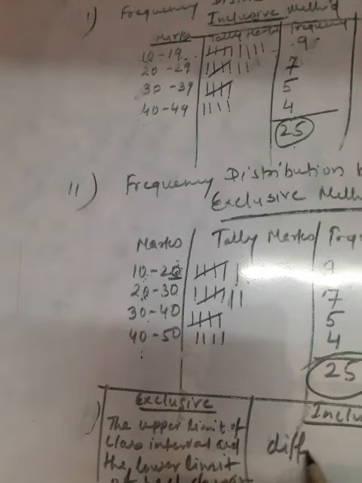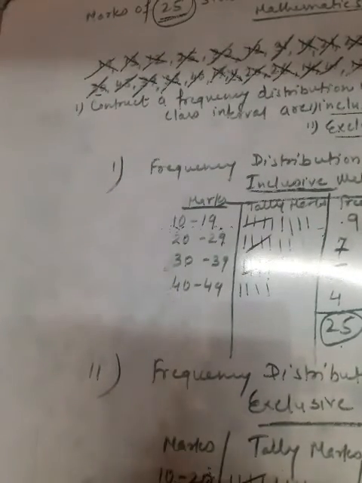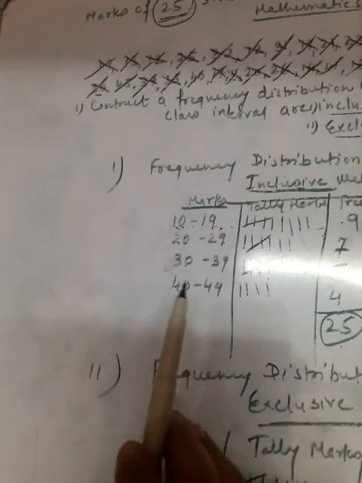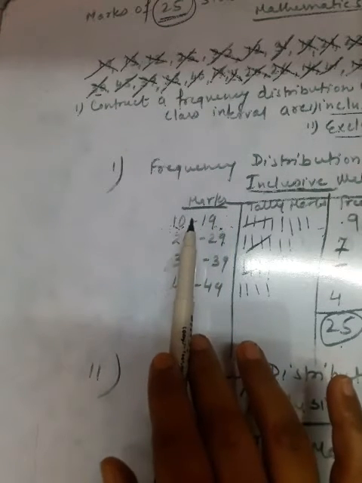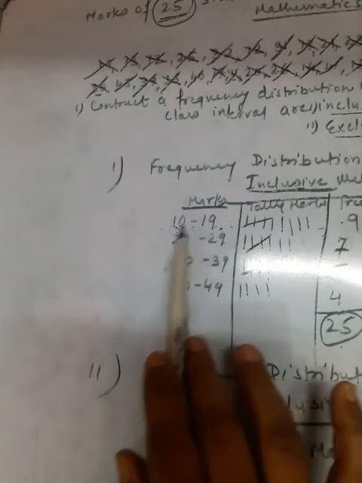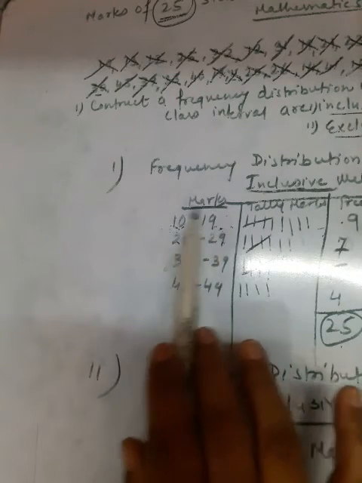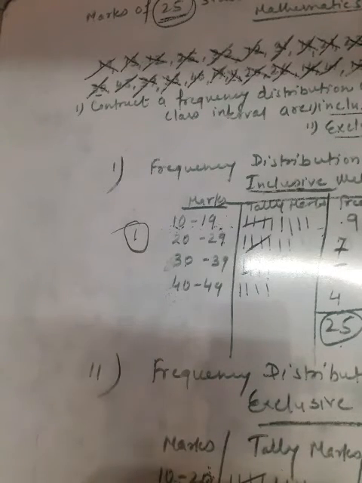I am writing it short. Different. What is different? The upper limit and the lower limit of the next class interval. You can see the difference is generally 1. That is also a difference between inclusive and exclusive series.